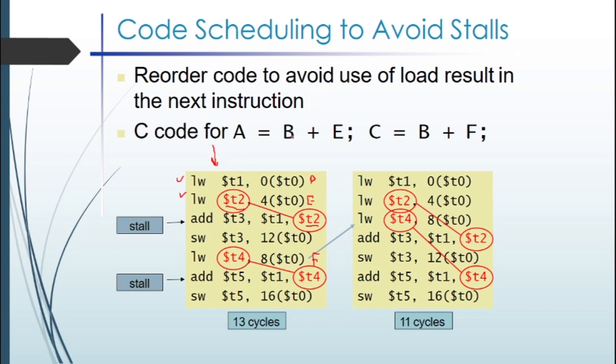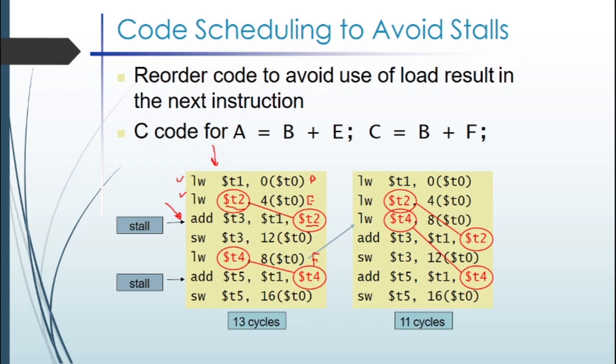The next instruction, B plus E, that means T1 plus T2, is done in the third instruction here. But you can see that this third instruction add, where B plus E is done by adding T1 plus T2, is going to cause a stall. Why? Because the load word result T2 is not ready before it's used in the third instruction.